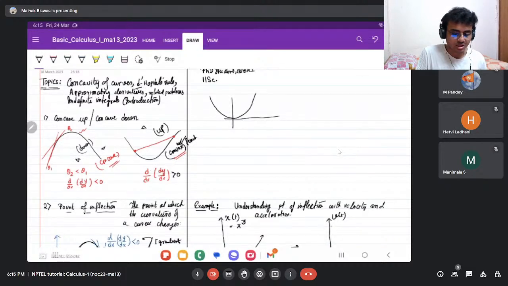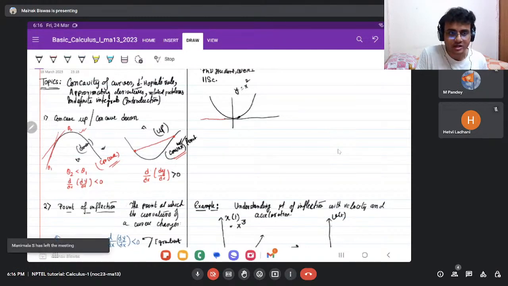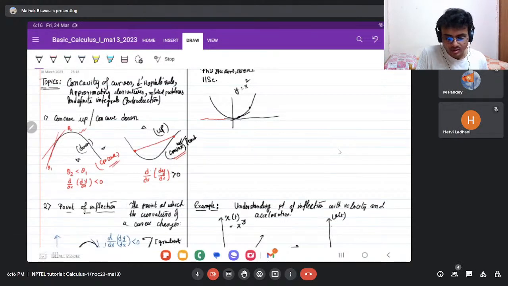First let's do a geometric interpretation, and then we would do an algebraic way also. Let's think that it is y equal to x square curve. So let's look on the right hand side. You have this point, right? This point. So what do you see?